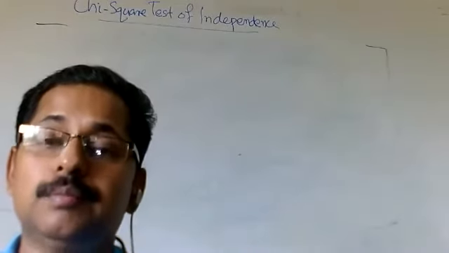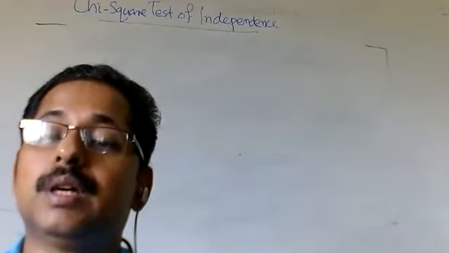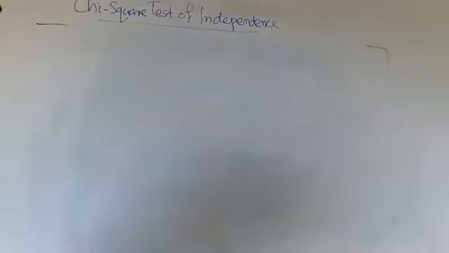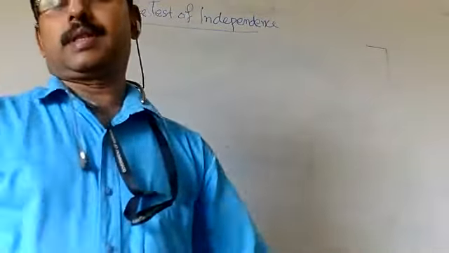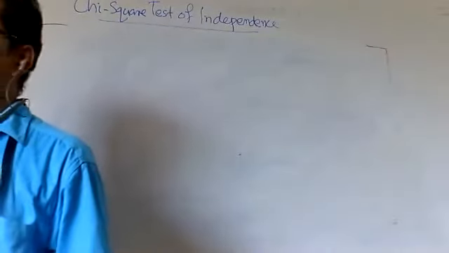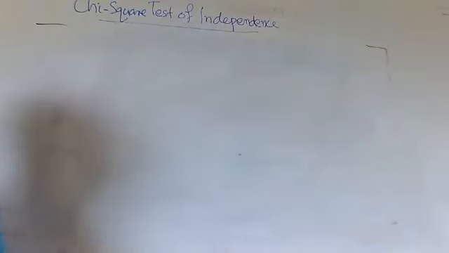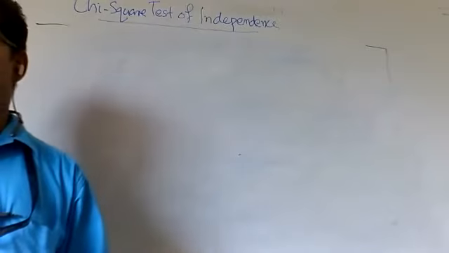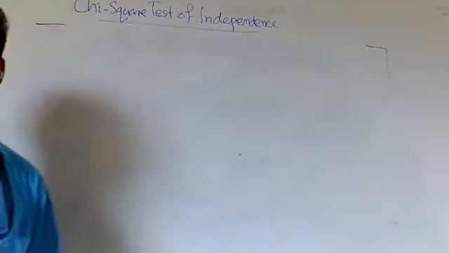Good morning to all. In the last class, we discussed what the chi-square test is and its applications. The first two applications we discussed: the first is testing the variances of two populations, and the second is testing the goodness of fit.